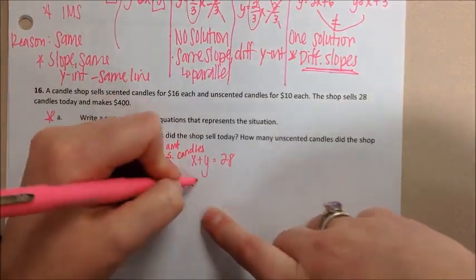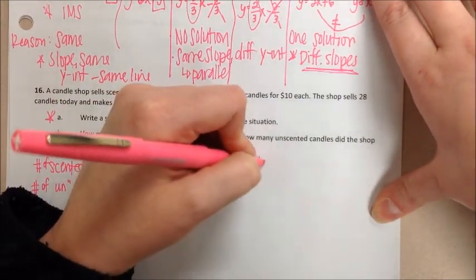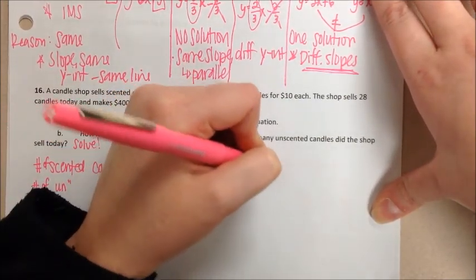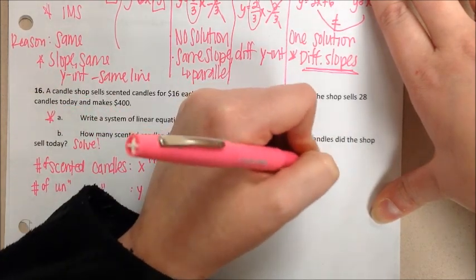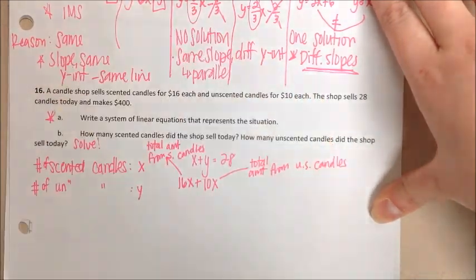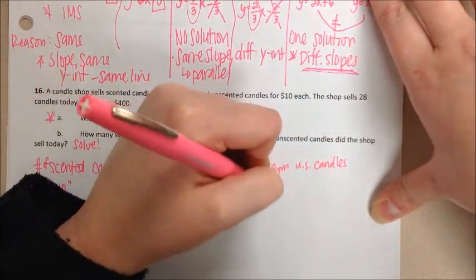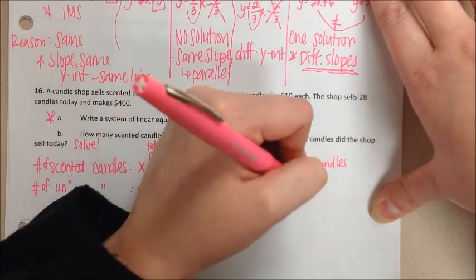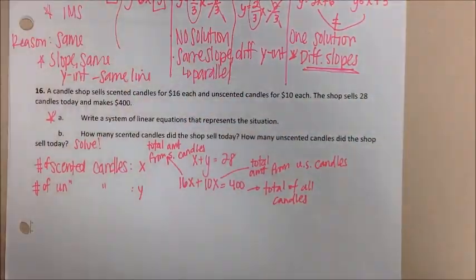And then I'm going to add 10y, and that's the total amount from unscented candles. And then that's going to equal $400, which is the total of all candles sold.